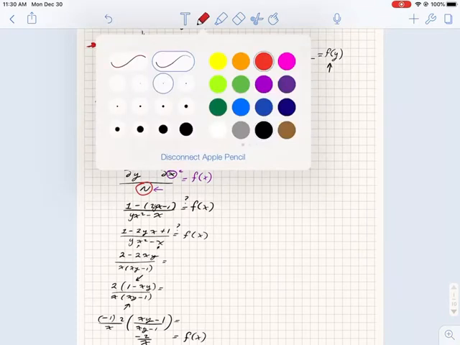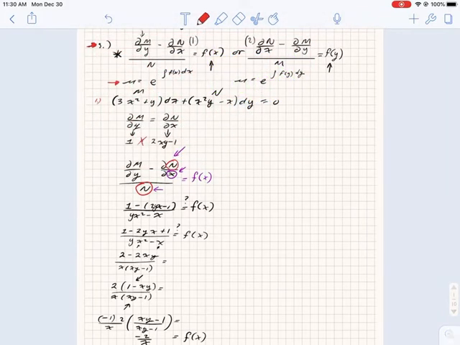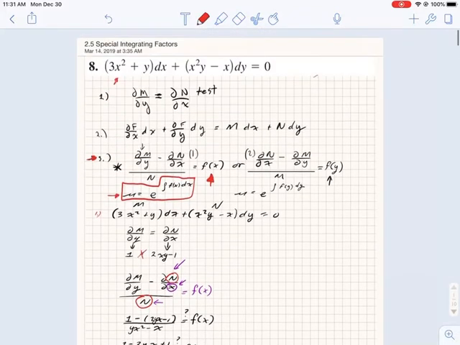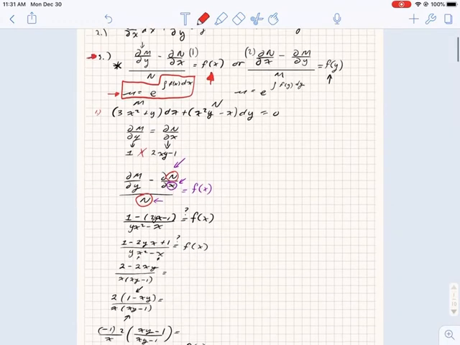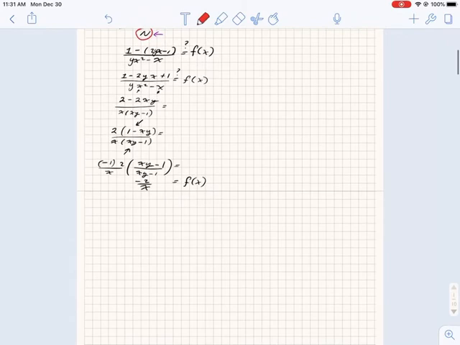Now, since we obtained an f of x function right here, then there is some function that we could find that if we multiply it by the differential equation up here, we will be able to make this differential equation exact.